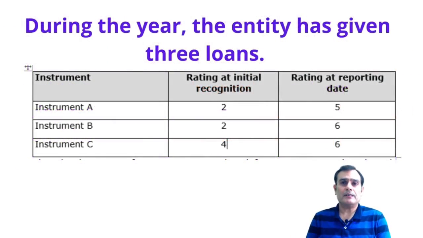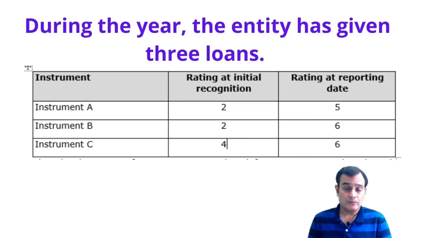Now, in this particular case, the entity has created 3 loans. So they're basically given loans, and this would be a financial asset in the books of the company. As you can see, we are going a little safe. You can see the credit ratings at different points of time, at the date of initial recognition and on the balance sheet date. All the ratings have been kept below 8.